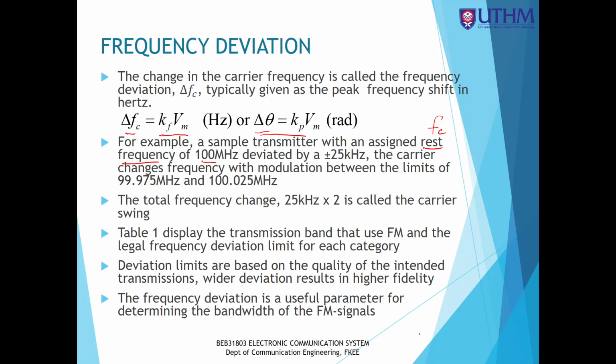So if we draw the frequency spectrum, this is 100, in terms of megahertz, and the change happens for about plus minus 25. So this is 100.025, because this is just 25k and this is in terms of mega.